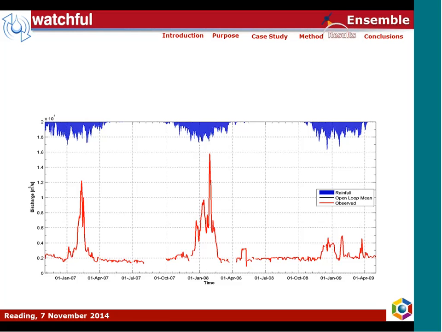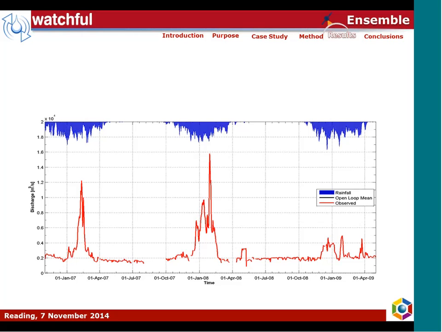So in some sense, it makes it easier for us to simulate, for example, stream flow during the summer period, because it basically remains at a constant level. And on the other hand, it makes it difficult to predict the peaks, because we don't know how the dam is operated in the event of a flood.